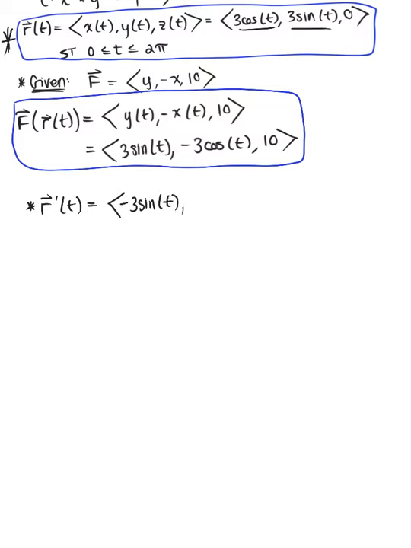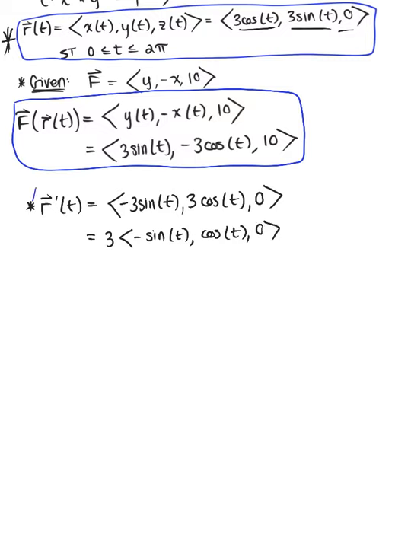We have the derivative of 3 sine of t will leave us with 3 cosine of t. And the derivative of 0 is 0. And for simplicity here, I'm going to factor out that greatest common factor of 3. So I have 3 multiplied by minus sine of t, cosine of t, 0.